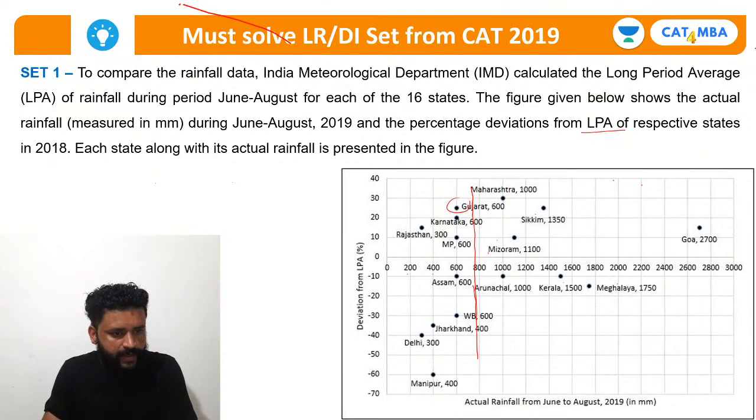Look here, first we will get Gujarat, Karnataka, Rajasthan, MP. So I'll write all this: Gujarat, Karnataka, Rajasthan, MP. Then we have Assam.